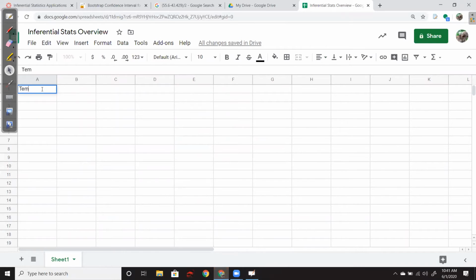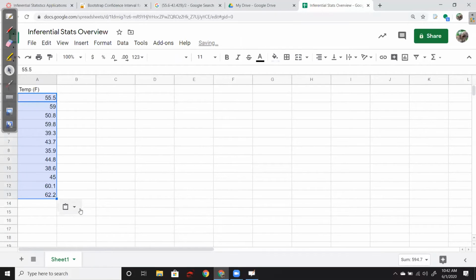So we have temperatures in Fahrenheit. Get those, and you should label everything, very important. This is app 1 down there. All right, so a couple of notes here.